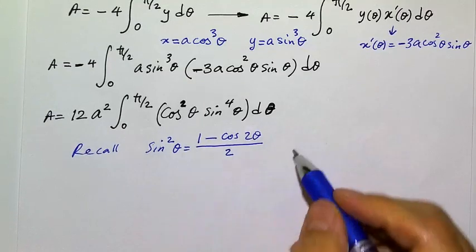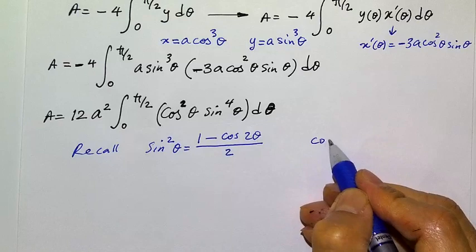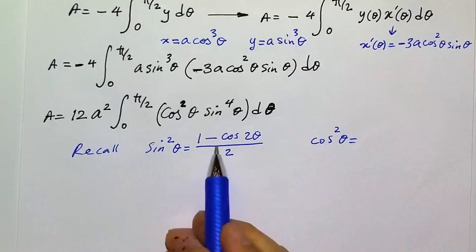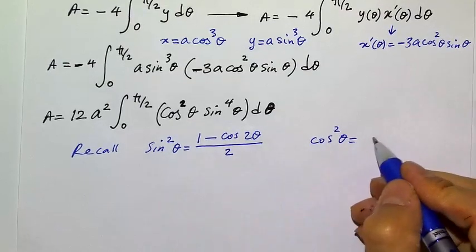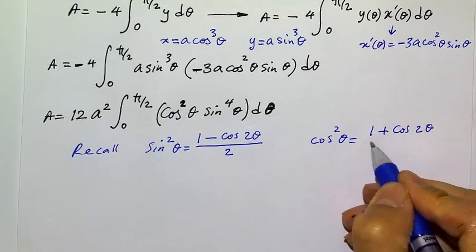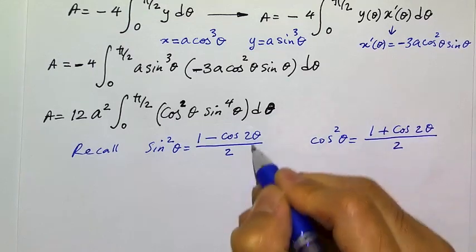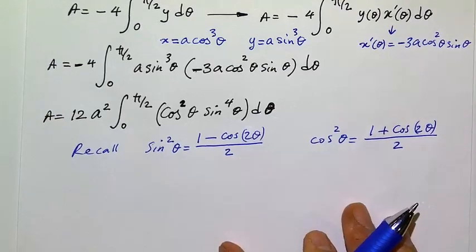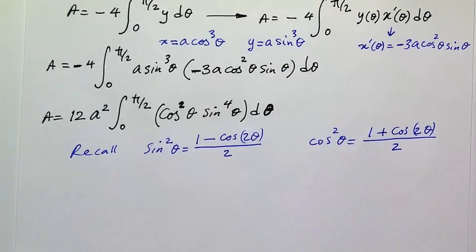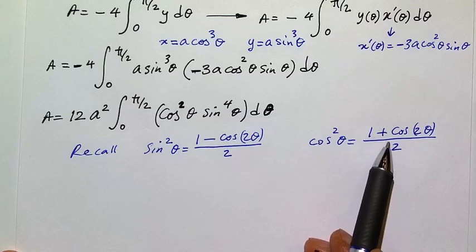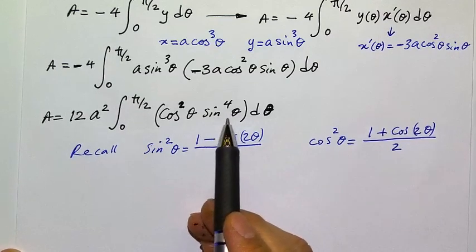And for cosine squared theta, we have a similar but a little bit different formula. Cosine squared theta is the same thing with the exception that the minus is positive, so equals 1 plus cosine of 2 theta divided by 2. Let's recall those, because then we can use this to replace the cosine squared theta by something that we can integrate easily.